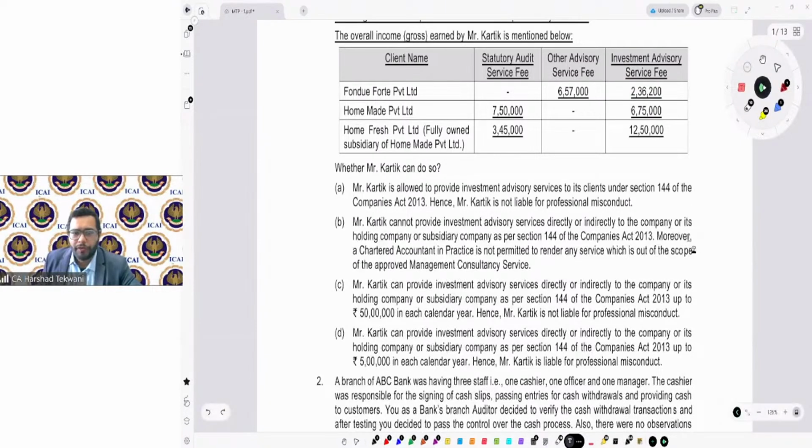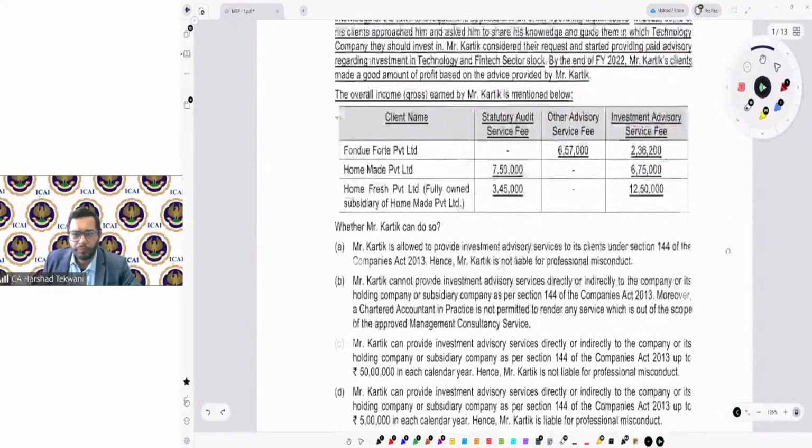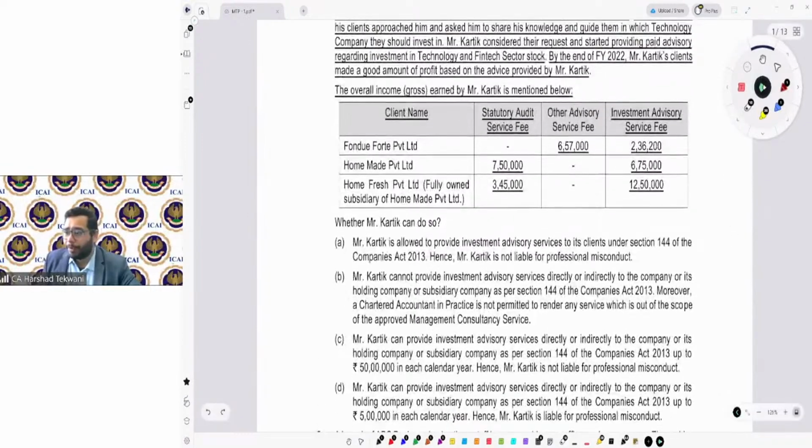You have options in front of you. You can select one appropriate option. Come on, guys. Do you think Mr. Karthik is allowed to do so? If yes, we need to select the appropriate option. If no, then accordingly we need to select the appropriate option. Which option will you prefer?